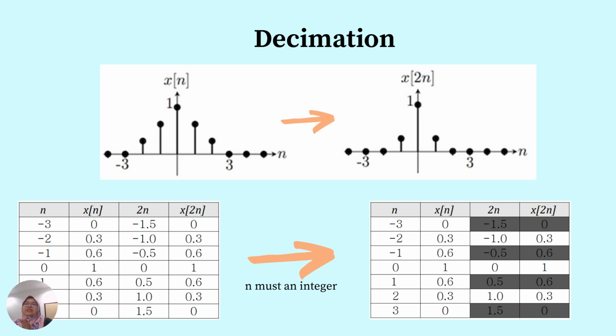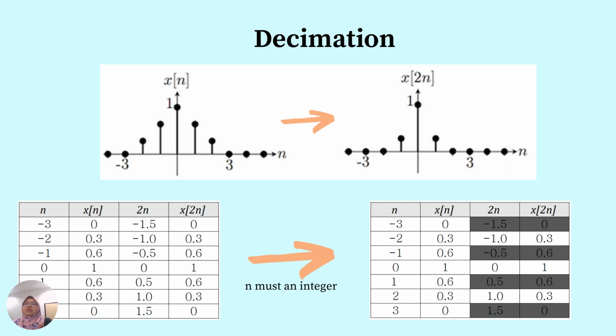In this example, the decimation of 2n means that the signal becomes much smaller. You have to remember that if it is 2n, the n must be divided by 2, not multiplied by 2. So you have to divide all the n's by 2, and you have the values of negative 1.5, negative 1.0, and so on.